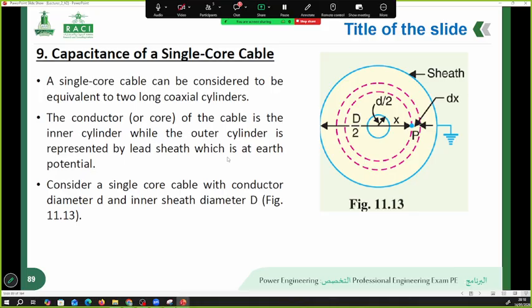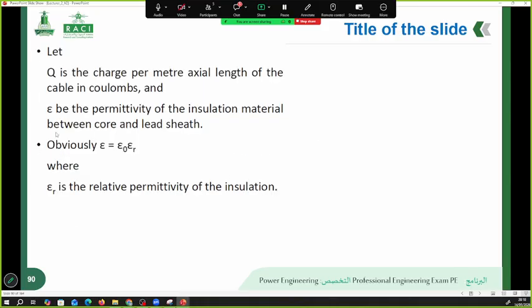So here we have Q, the charge per meter axial length of the cable in coulombs, and ε, the permittivity of the insulation material between the core and lead sheath.